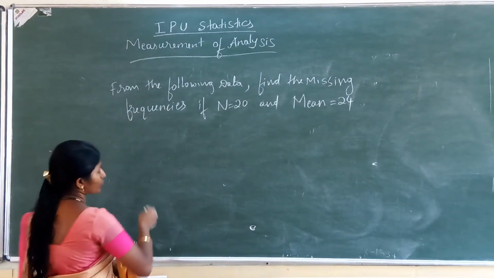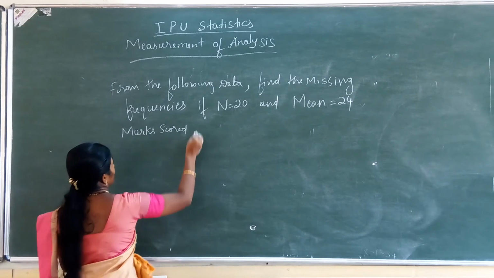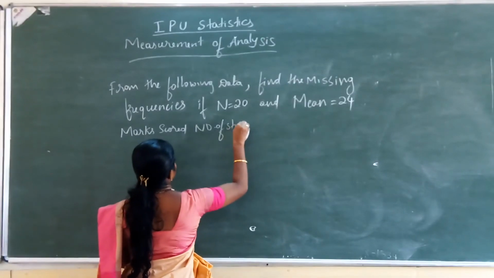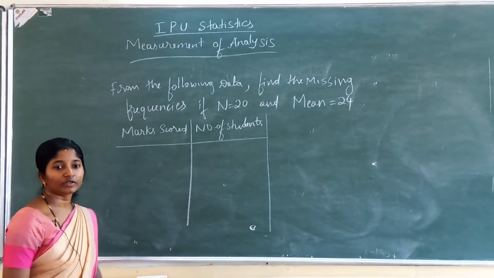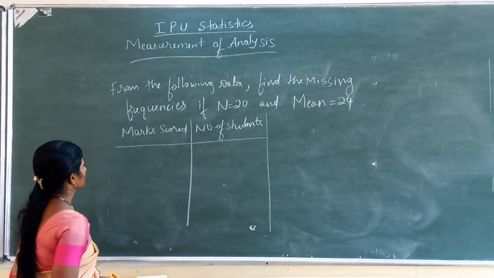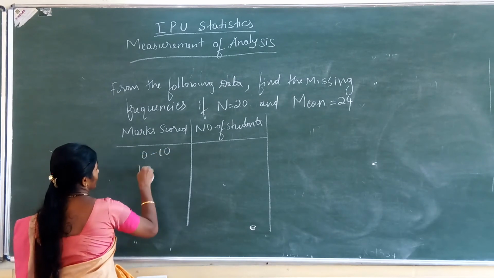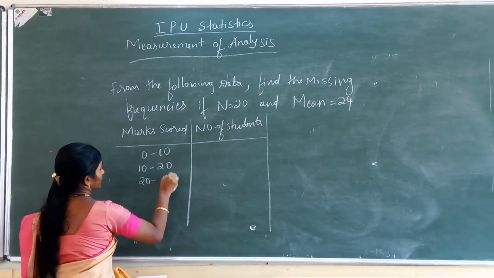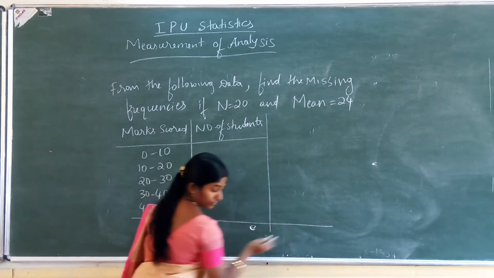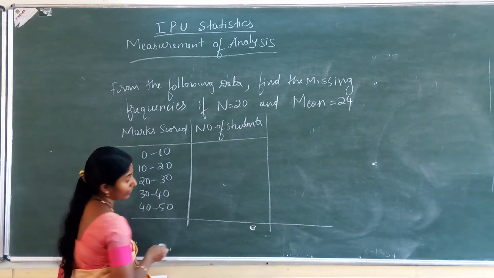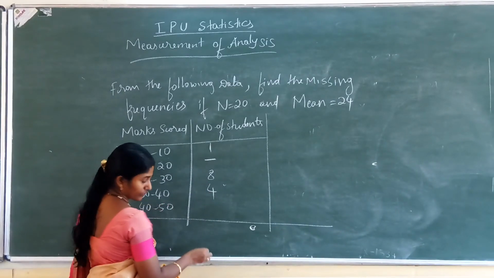Marks scored and number of students. Marks scored, that is 0 to 10, 10 to 20, 20 to 30, 30 to 40 and 40 to 50. Number of students: 1, here the value is not given, 8, 4 and last one 1.